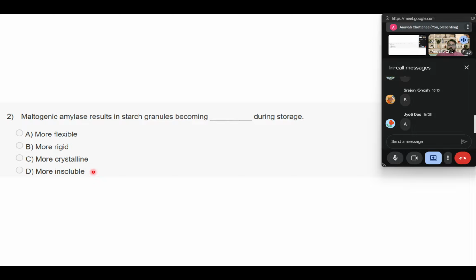Jyoti says it is A, more flexible. Chanda also says it is A, more flexible. Rupsha and Oropi also say it is A, more flexible.